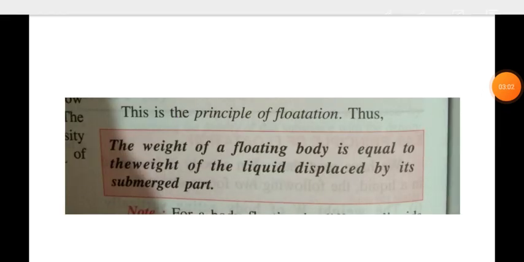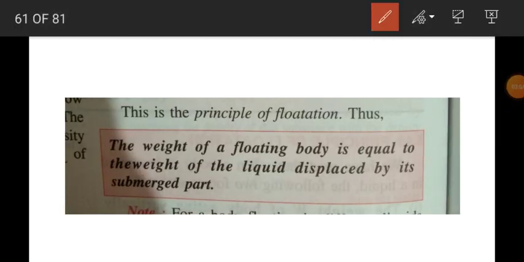So let me write that equation once again here. We know that upthrust is equal to true weight, meaning weight in air, minus apparent weight. Since for a floating body apparent weight is 0, I can cancel this part. So what is going to remain then? Weight of the body.